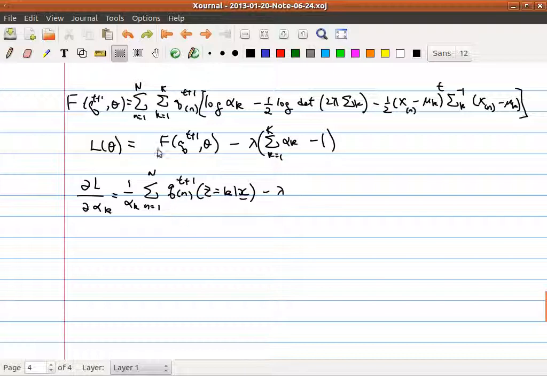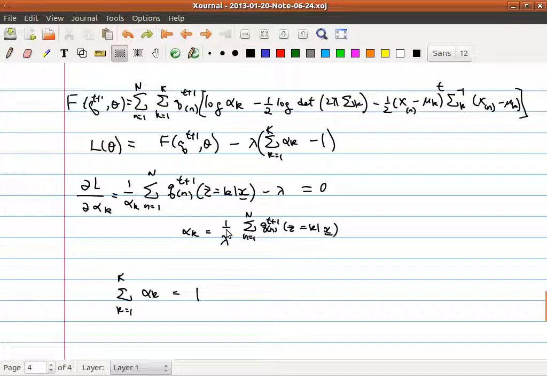And taking the partial derivative of f with respect to alpha k will just give us 1 over alpha k multiplied by this term here. And we should set it to 0. And if we set it to 0, we get alpha k is just equal to this. This is just taking the qn from the E step and summing over that, over lambda.